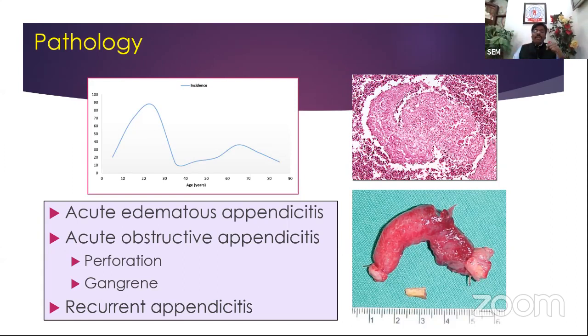Similarly here, when a fecalith is obstructing the whole lumen, the whole appendix is prone to either gangrene or perforation. In other words, acute obstructive appendicitis is prone to more serious problems like perforation and gangrene, whereas acute edematous appendicitis is like tonsillitis. It can be cured simply by giving antibiotics.